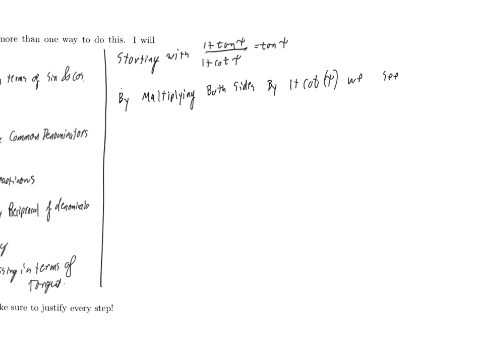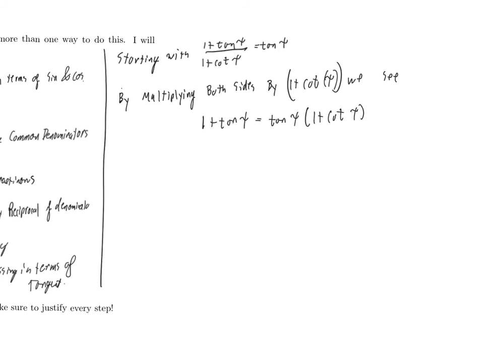Maybe parentheses are nice there. All right, everything's being multiplied by that. 1 plus tangent of psi equals tangent psi times 1 plus cotangent of psi.